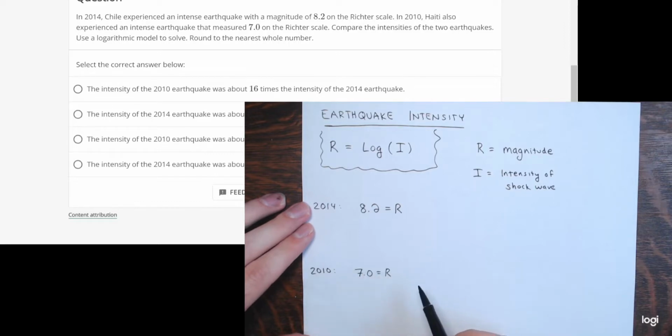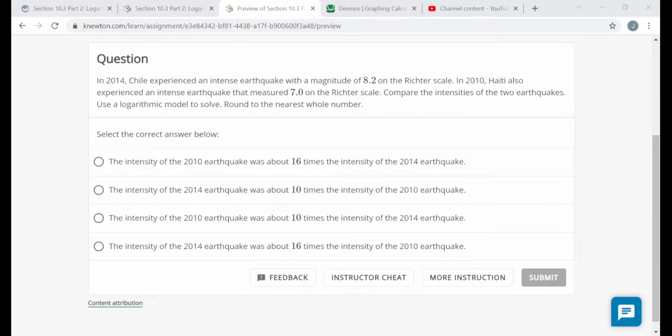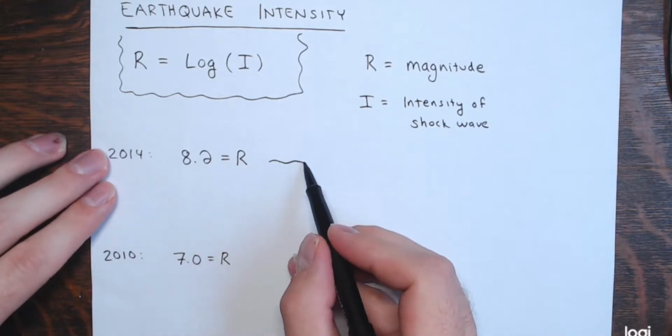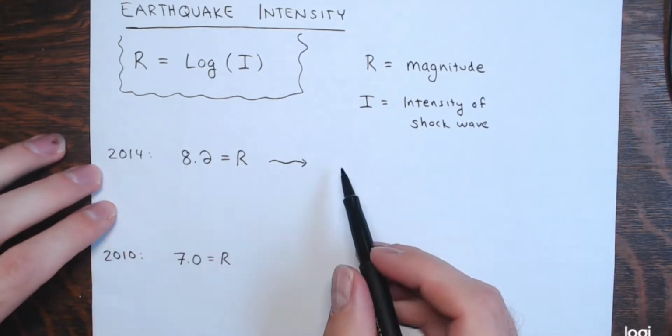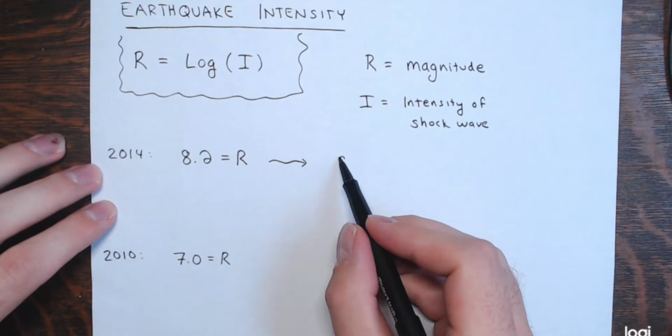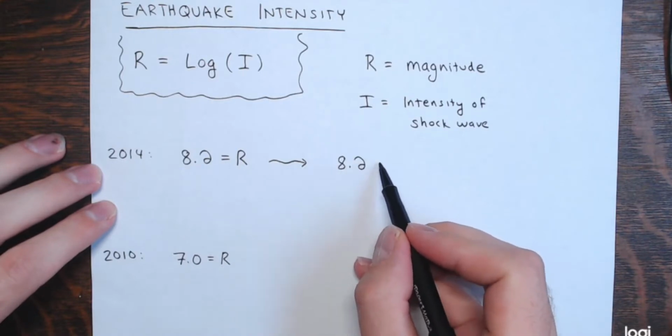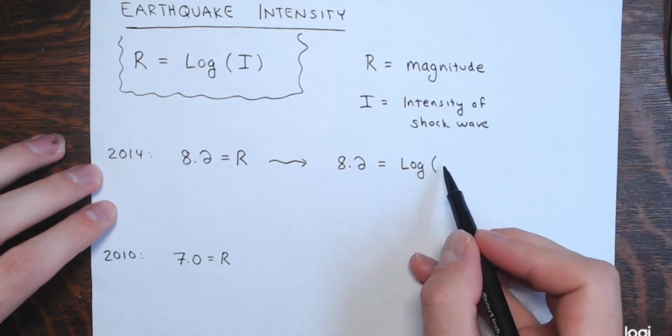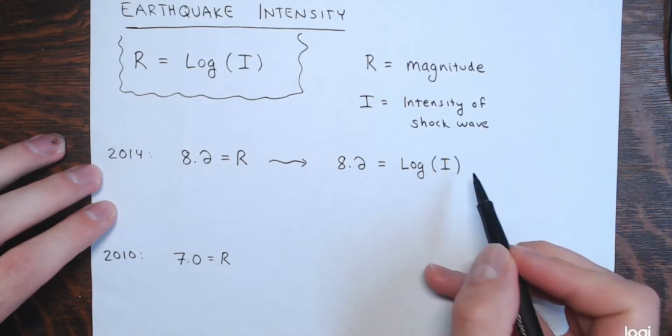So what I'm going to do is solve for I, the intensity of both of these quakes. Alright, so for the first one from Chile, 2014, we have 8.2 equals the log of I, and then solve for I.